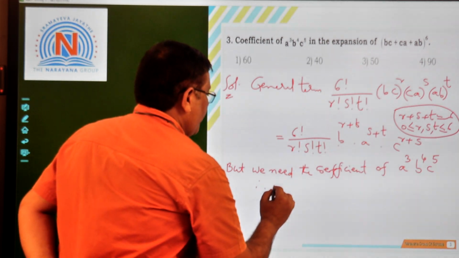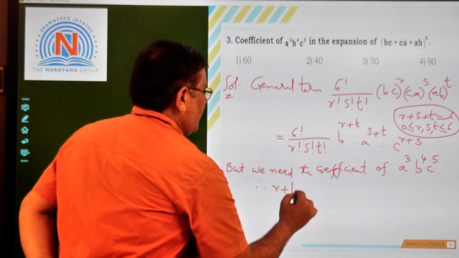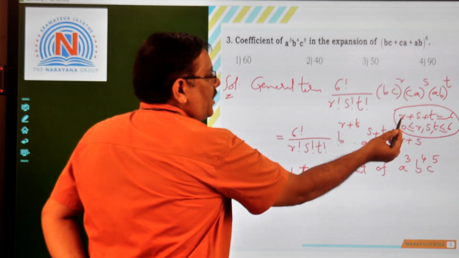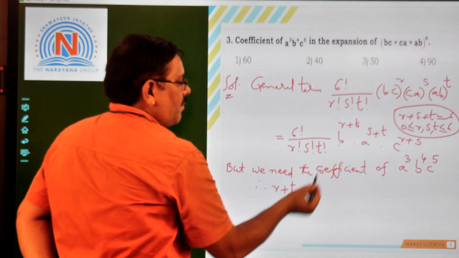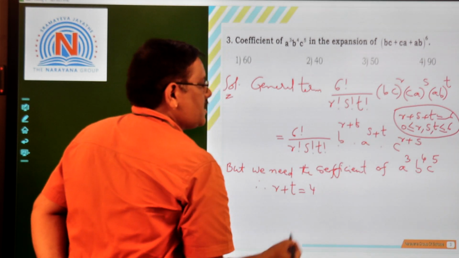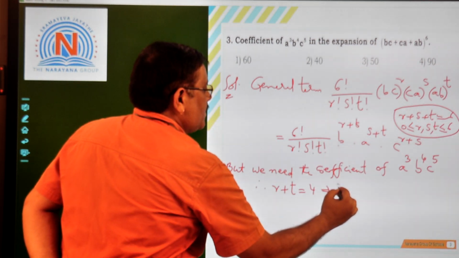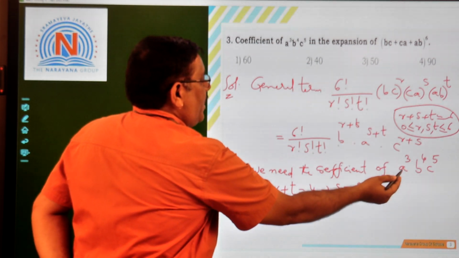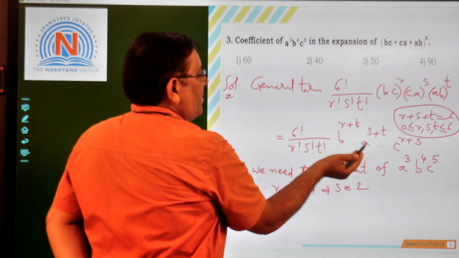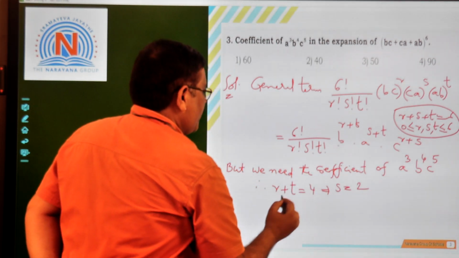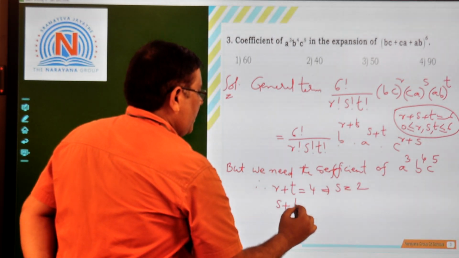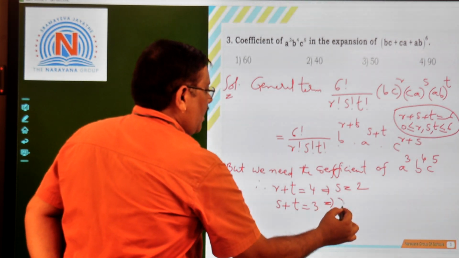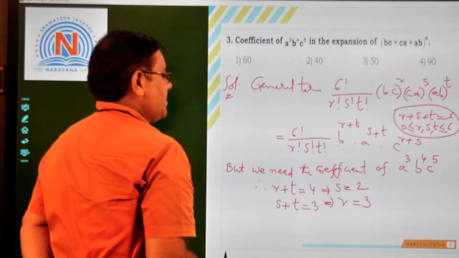So in the comparison we get r plus t as 4. If r plus t is 4, we know that r plus s plus t is 6, so s will be 6 minus 4. That implies s is equal to 2. Next, if you take a, the power here is s plus t. S plus t is 3, so r will be 6 minus 3, that is 3.